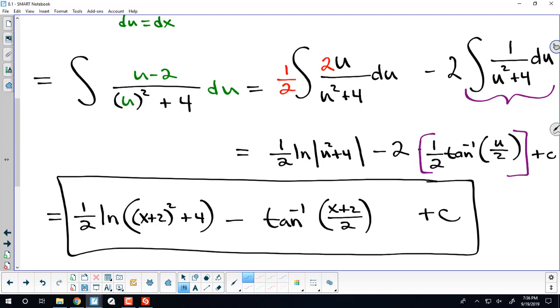For e to the x squared, for instance, there is no known antiderivative. If you put it in Wolfram or something, it'll spit out this goofy function, erf, the error function, but that's not really an explicit function as we know it.